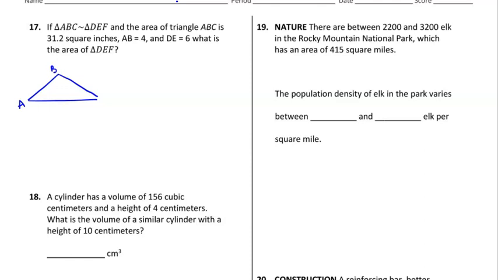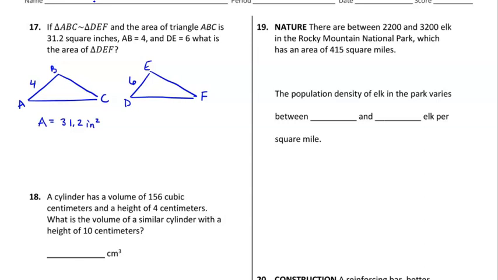A, B, and C, and then D, E, and F. These two triangles are similar. It says AB is 4 and DE is 6, and the area of this one is 31.2 inches squared. And then it asks what is the area of DEF?